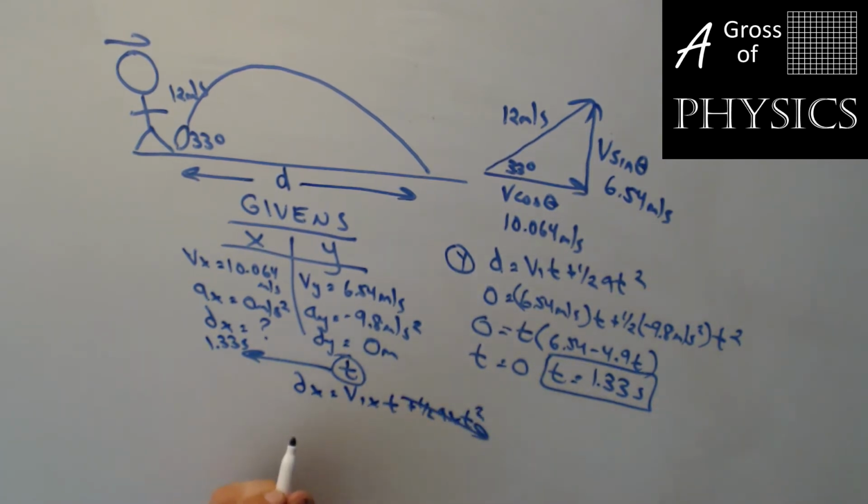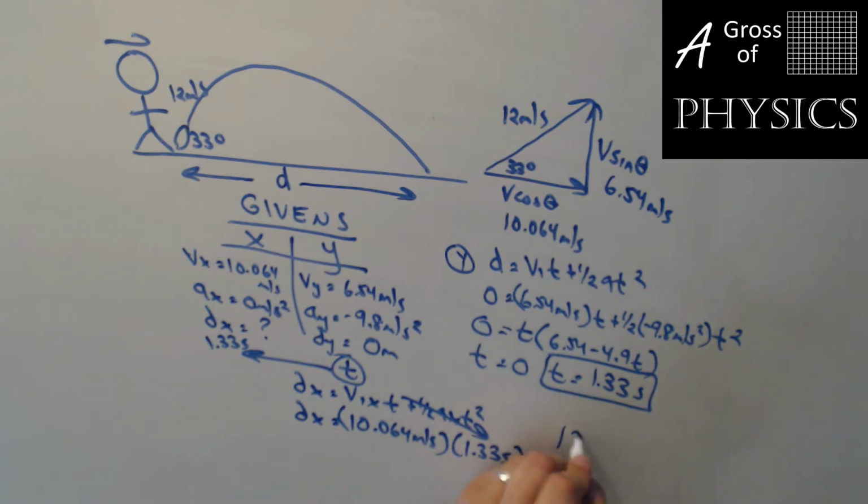The a term cancels, and we're left with dx equals 10.064 meters per second times 1.33 seconds, and we have 13.43 meters. So the ball lands 13.43 meters downfield.